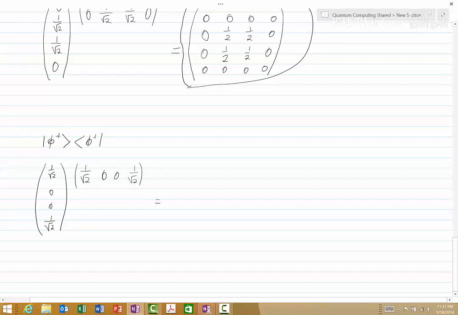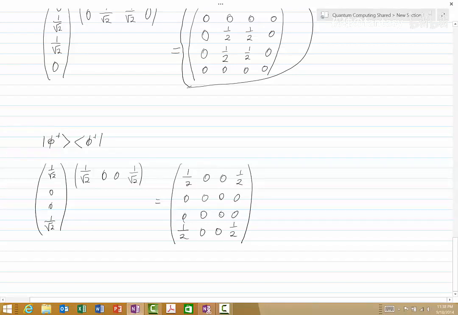And when you multiply this out, you would get 1 half, 0, 0, 1 half, 0, 0, 0, 0, 0, 0, 0, 0, 1 half, 0, 0, 1 half. So if you worked with the original numbers, that's the matrix that you should obtain.